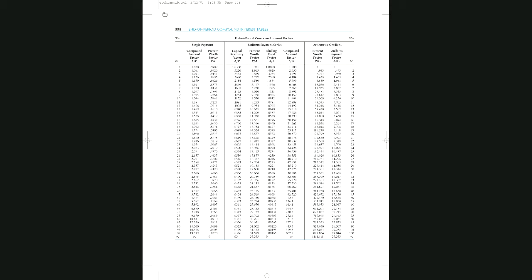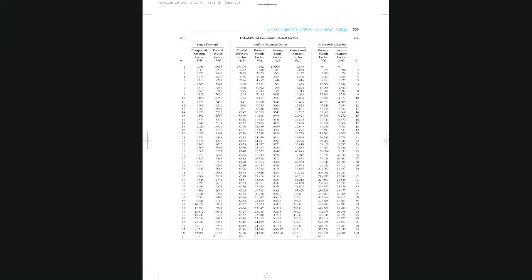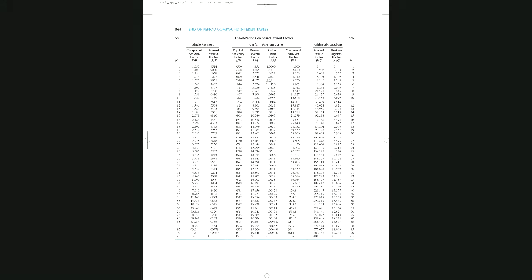Am I using the right table or no? This is to make sure that you don't make a mistake. Am I using the right table? No. Why? Because when you look at the percentage here, it is 3 and you have to use 5. So we move on in the file until we get to 5%. This is just to make sure that you know how to use the tables.